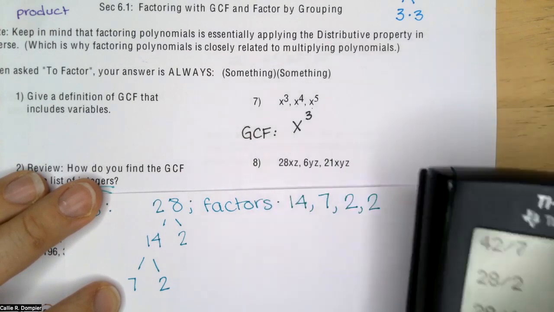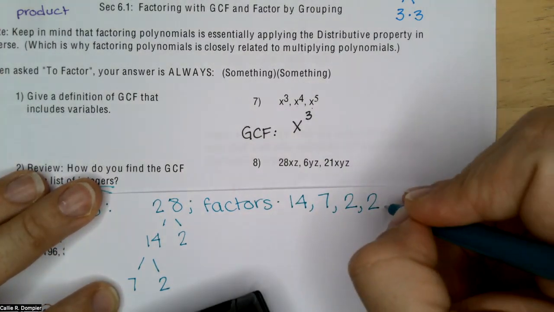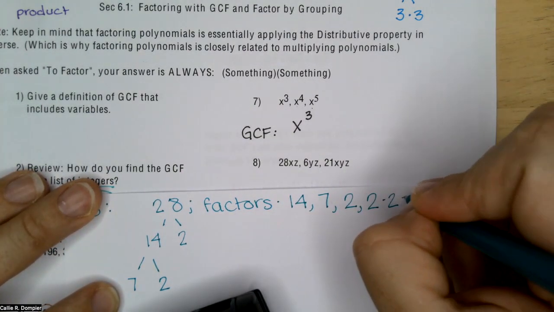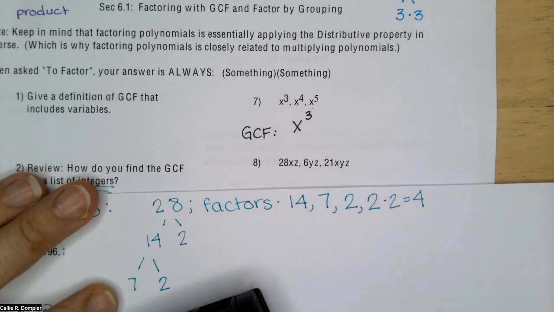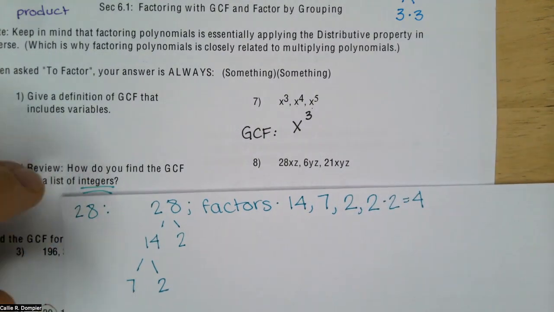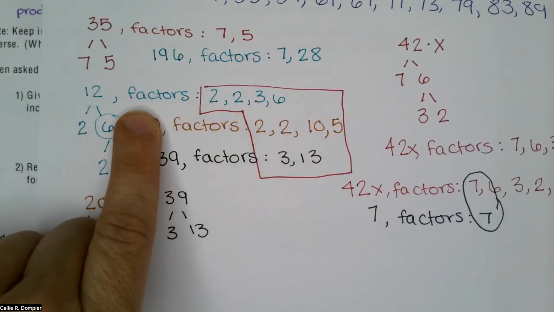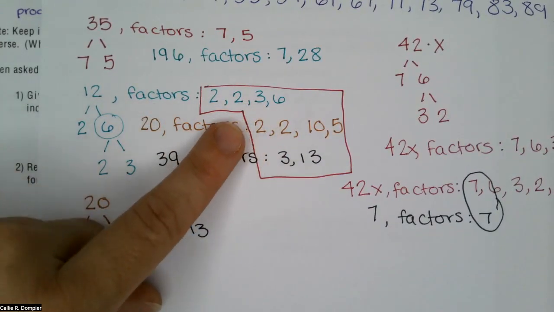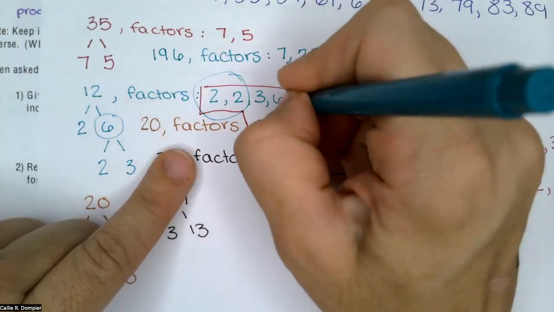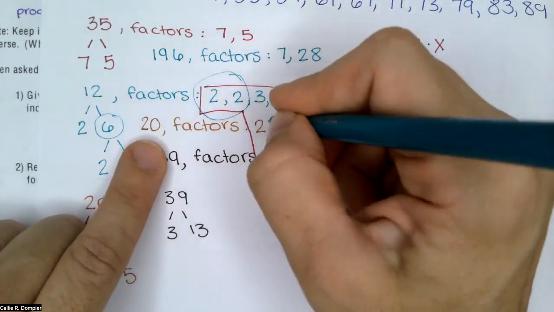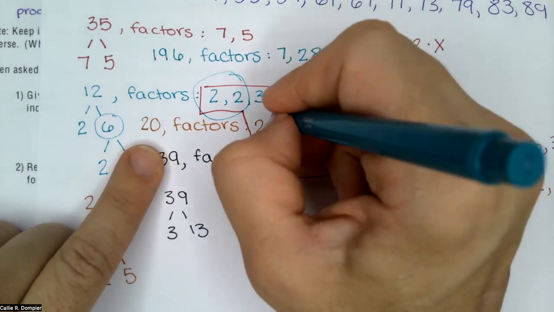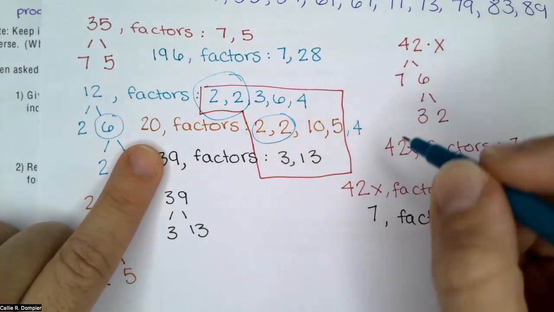So that's another factor. The 2 times 2 becomes a 4. So here we said 12, the factors are 2, 2, 3, and 6. But because there are 2 2s, we can also add a 4. The factors of 20 are 2, 10, and 5. Because there are 2 2s, we can also add a 4.